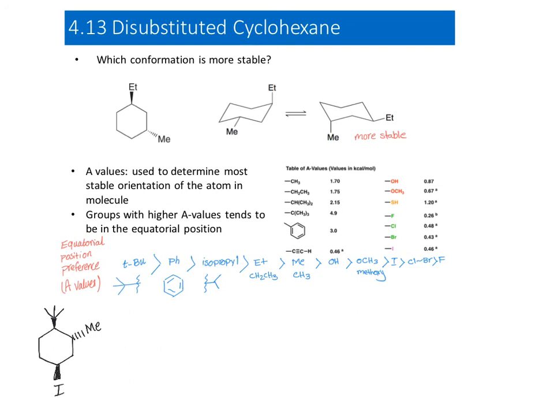So we need to draw both conformations for this molecule and decide which one is more stable. So the first step is to number all the carbons. Okay, and then draw the chair conformations.